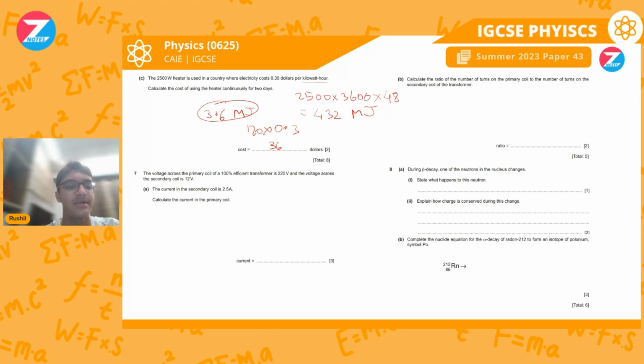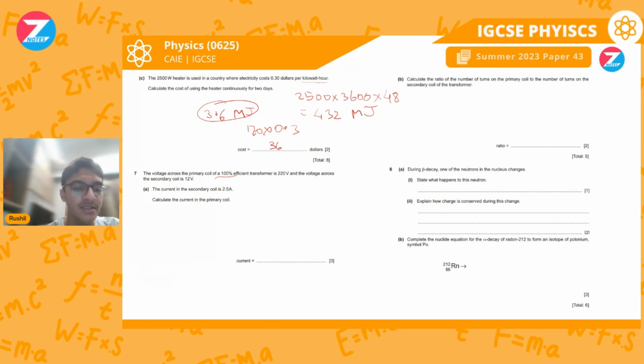So the fact is that the power in a transformer is always constant. The power entering the transformer and the power leaving the transformer is constant, given that it's 100% efficient, which it is here. We know that P is equal to IV, current times voltage. So IV is always constant.